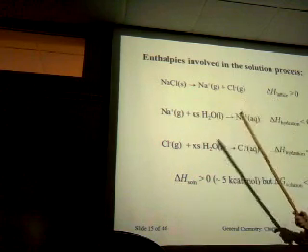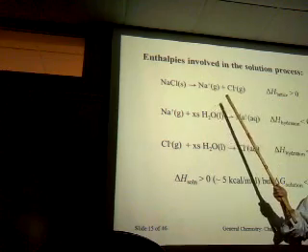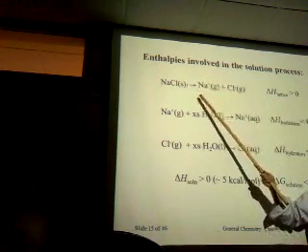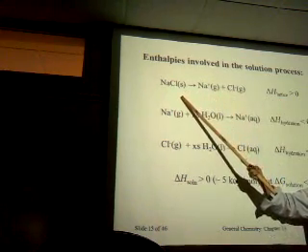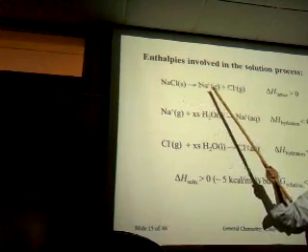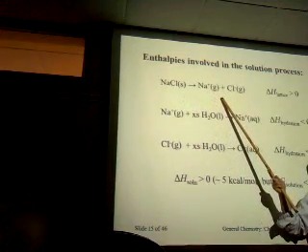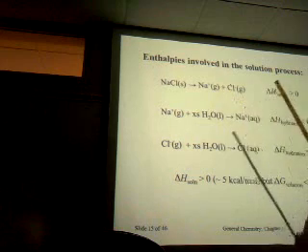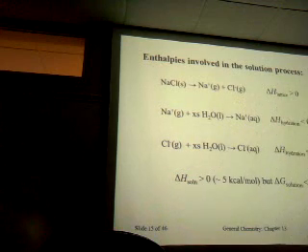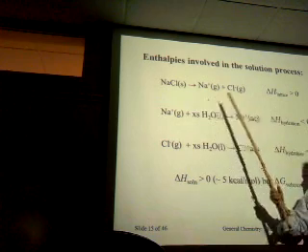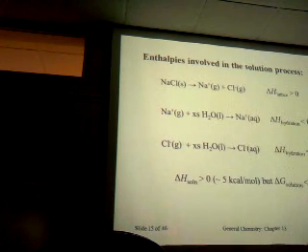Then actually there's something else missing here. We got to break the solvent-solvent interaction. That's going to cost us energy, because we got to make room for the ions in solution.